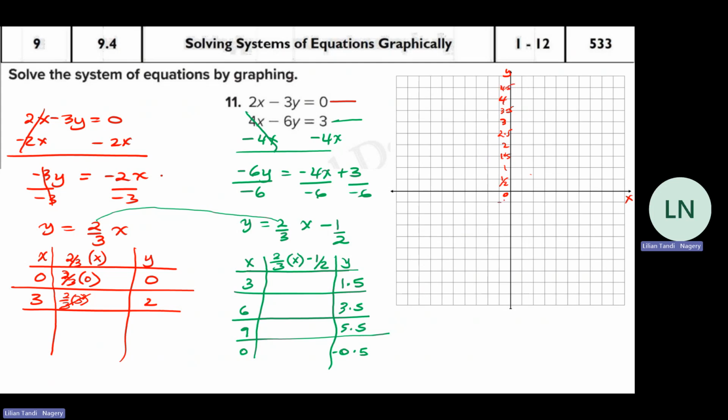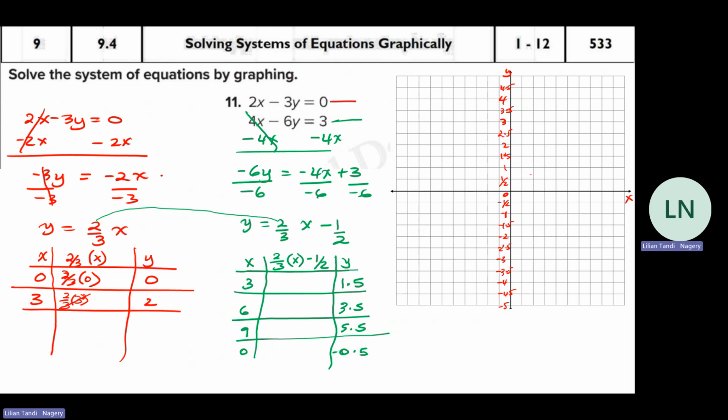This is negative half, negative 1, negative 1.5, negative 2, negative 2.5, negative 3, negative 3.5, negative 4, negative 4.5, negative 5.